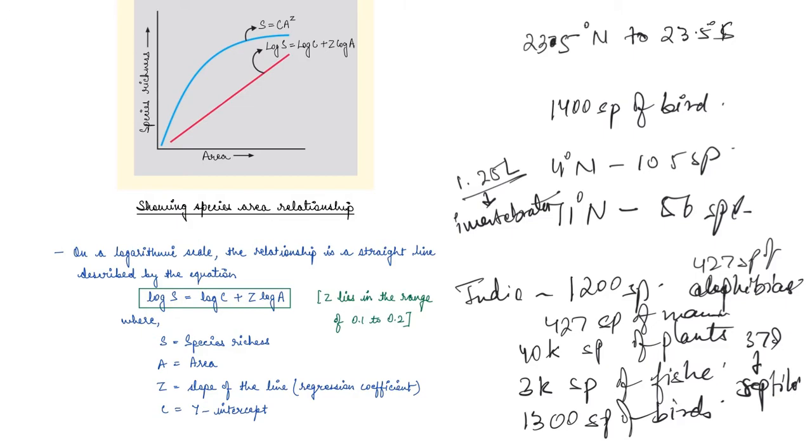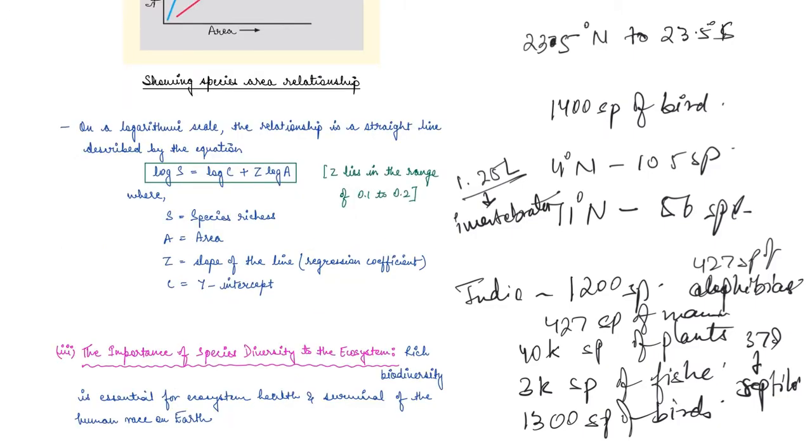Now, what is the importance of species diversity to the ecosystem? Let's see that as well. When you talk about the importance of species diversity, guys, you have to understand that rich biodiversity is very, very essential for ecosystem health and survival of the human race on Earth. It is very important to answer this, right?